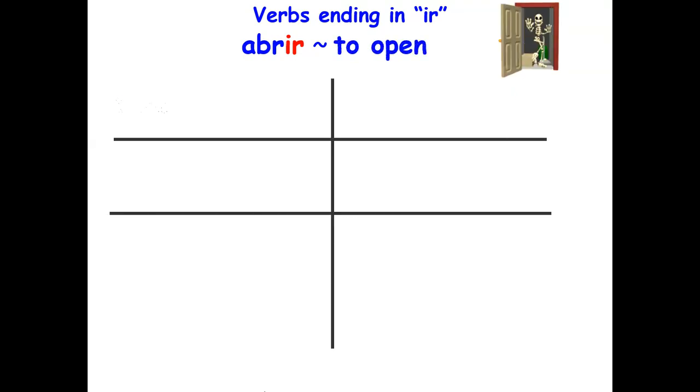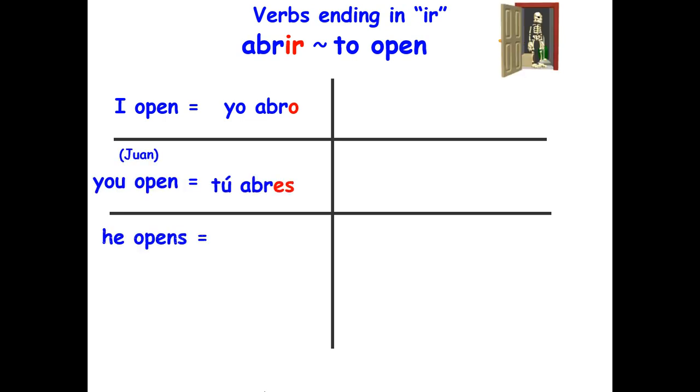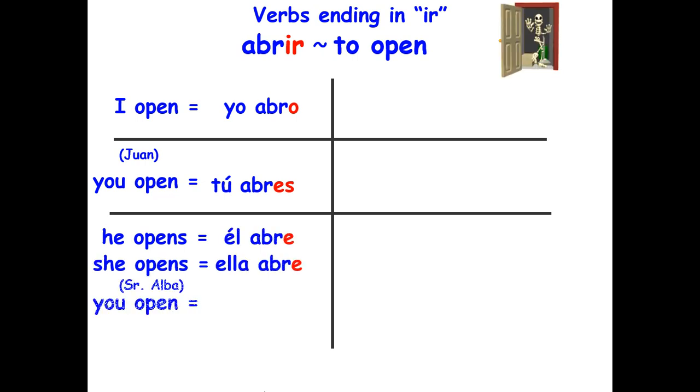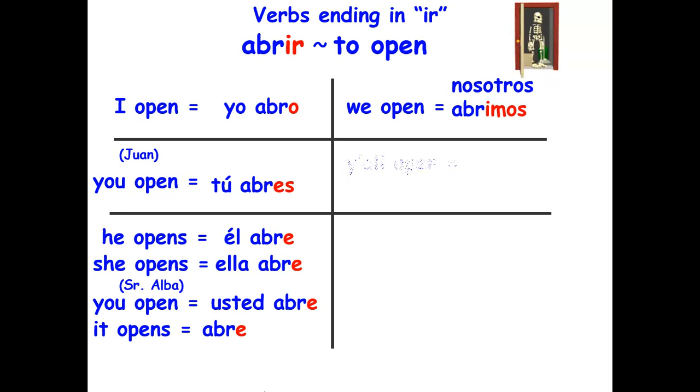Another IR verb, abrir, to open. I open, abro. You open, tú abres. He opens, abre. She opens, abre. You open, usted abre. Or it opens, abre. Notice that these three are just like ER verbs. We open, abrimos. Notice that one is the one that's different that we will worry about.